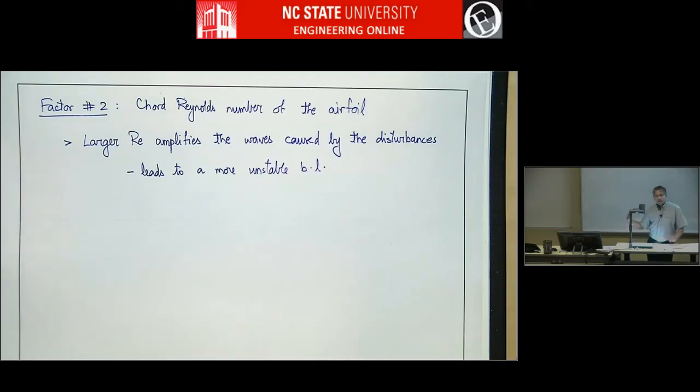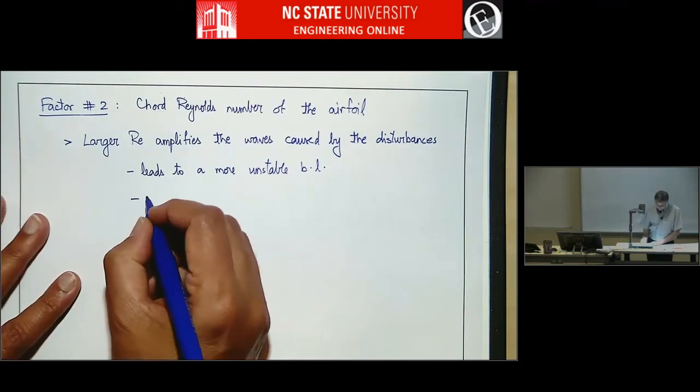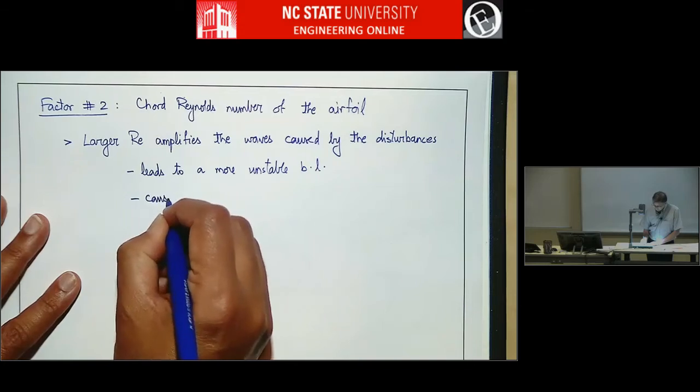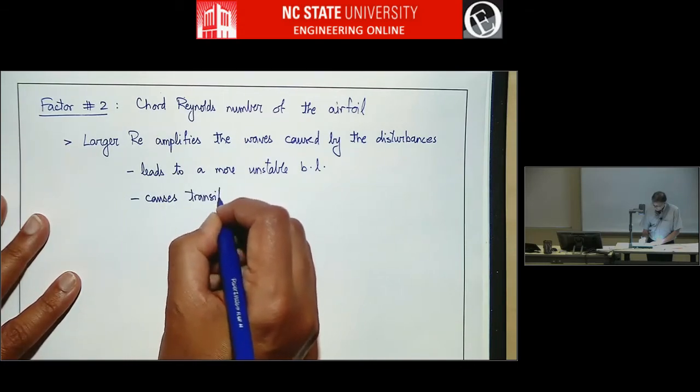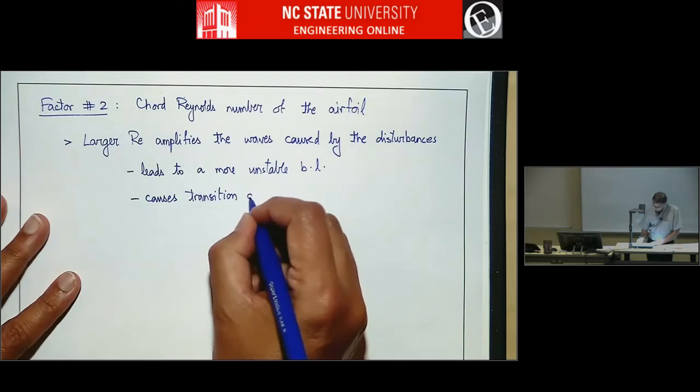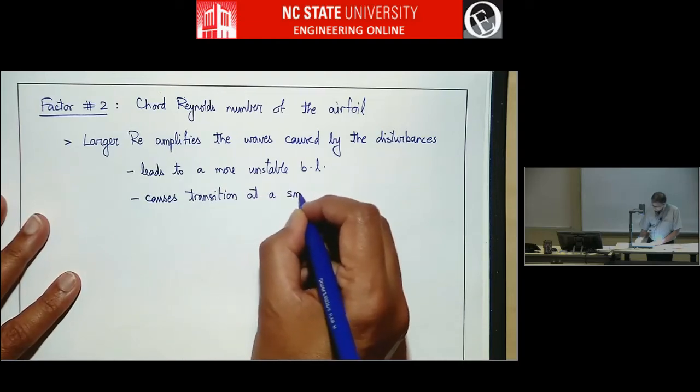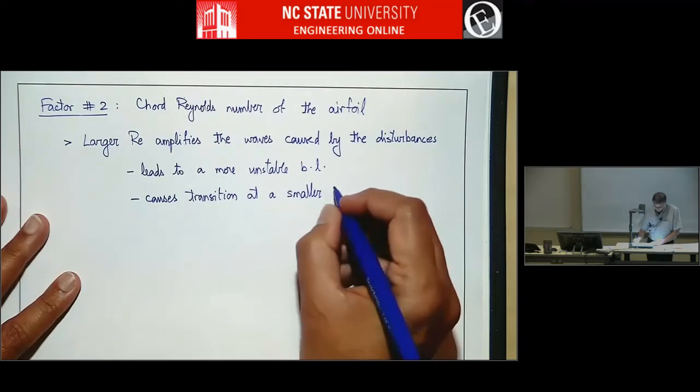Unstable means it's laminar is trying to become turbulent. Stable means laminar is trying to stay laminar. And so unstable causes transition at a smaller adverse pressure gradient.